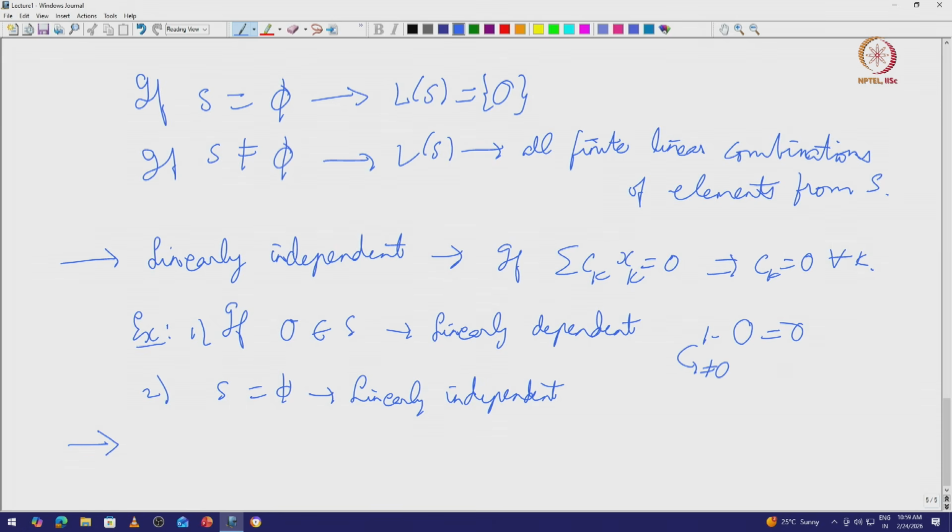Now here is an important little result, if you will. Some of these are theorems, some of these are definitions. I'm not really making a distinction between all of these because this is prior knowledge. So suppose S is a finite collection of k vectors, a subset of a vector space V, and it is linearly independent.